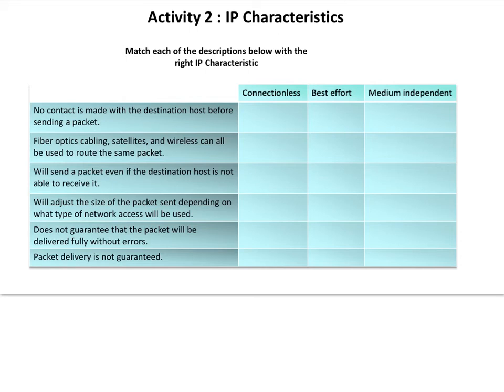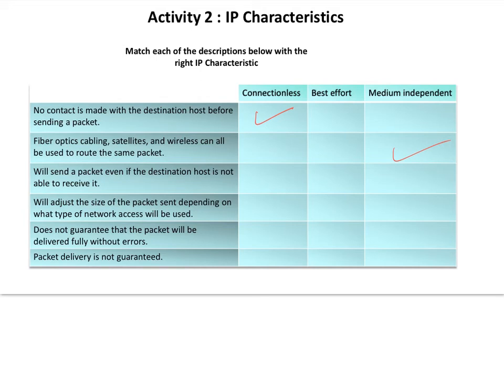Okay, so no contact is made with the destination. This means connectionless. So the destination is not expecting my mail. Fiber optic cabling and satellites can all be used to send packets from one network to another. This is medium independent. IP will send a packet even if the destination is not able to receive it.